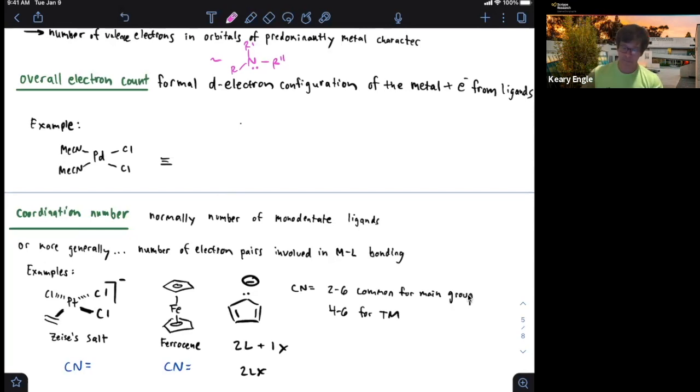Basically the only difference in this accounting scheme is whether you count the electrons in a given bond as residing on the metal or on the ligand.